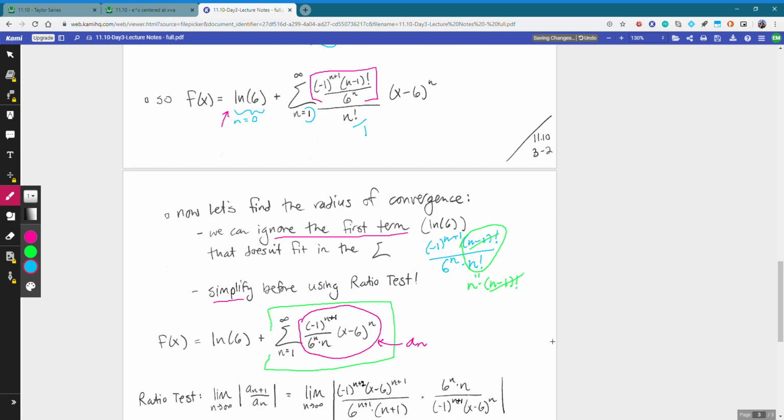All right, so now we just have some simplification to do. We have (x minus 6) to the n down here, and (x minus 6) to the n plus 1 up top, and so these are going to cancel out, and we'll be left with just a single x minus 6 up top. Similarly, we have a pile of n factors of 6 up here.